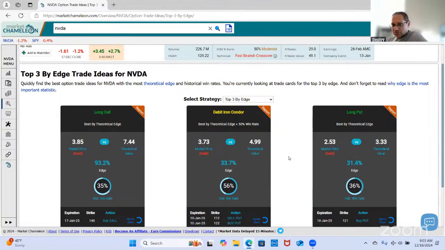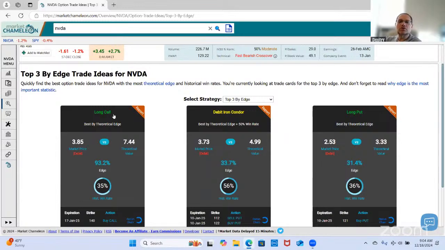Long call is bullish, debit iron condor is looking for some movement, long put is bearish. So if you have some unique outlook that fits this type of strategy, then this is a trade idea to consider, and we'll go over the statistics, what this means, and why it was filtered out.